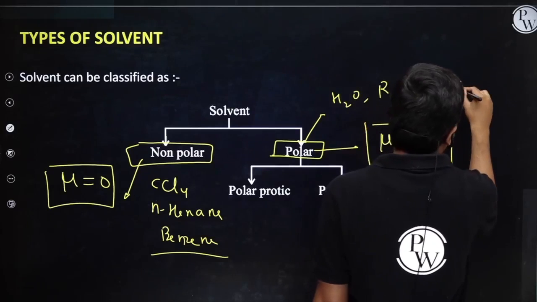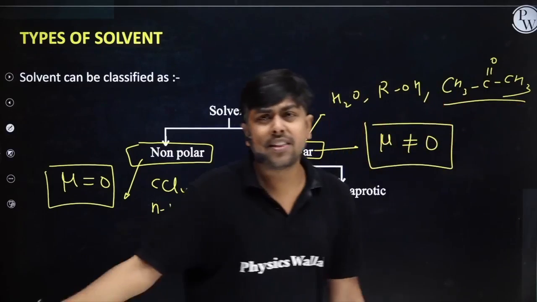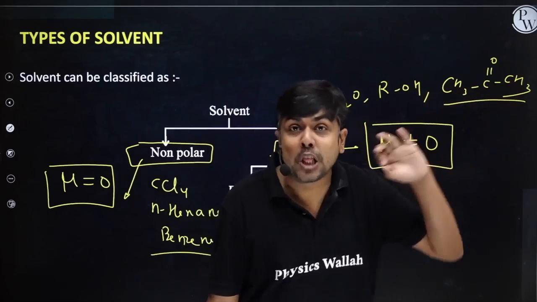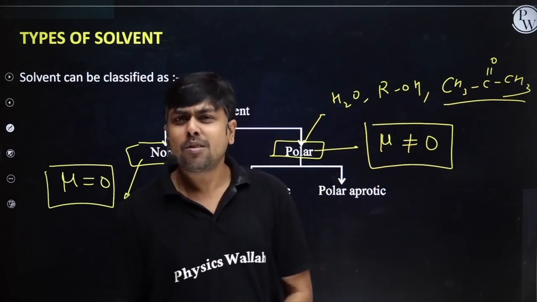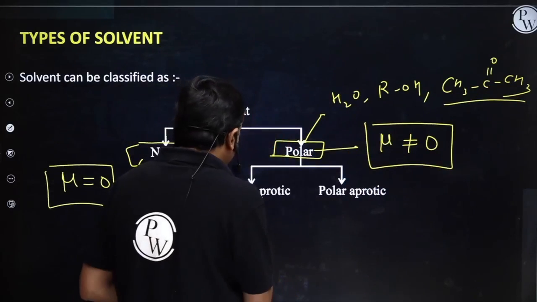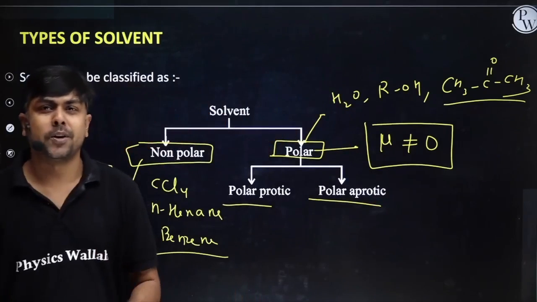We have CH3-C=O-CH3, acetone. So these are the examples of polar solvents. Here, dipole moment is non-zero. Now, this polar solvent is further classified into 2 categories, polar protic and polar aprotic solvent. We'll talk about it one by one.